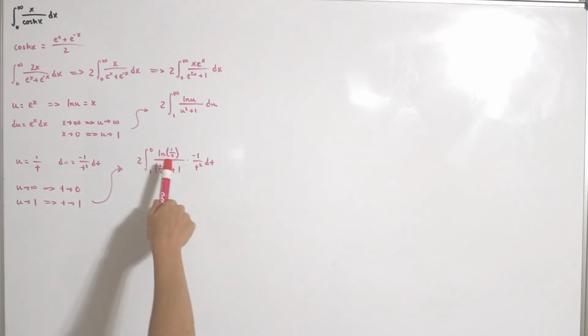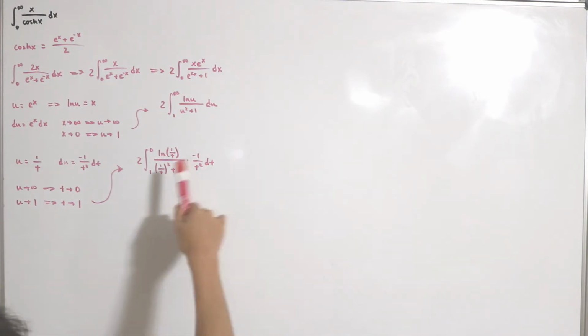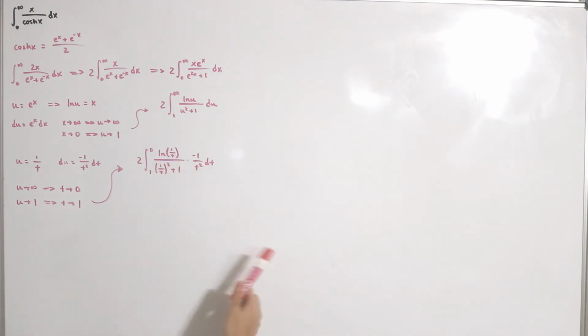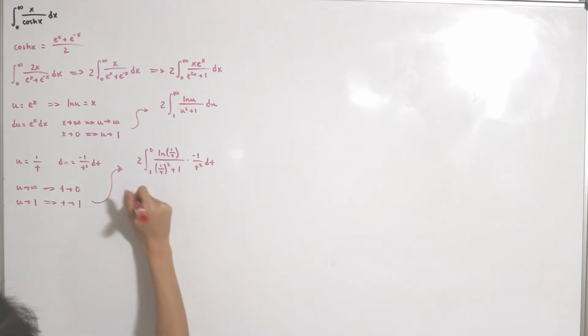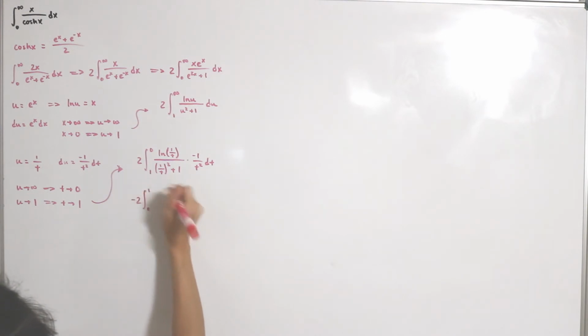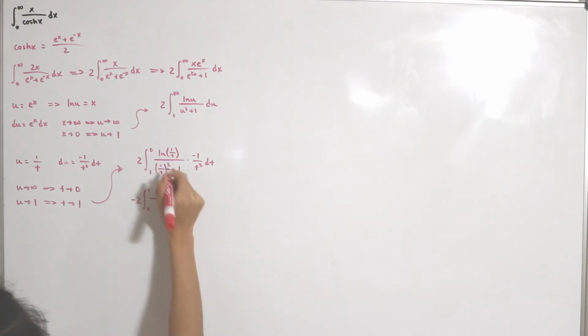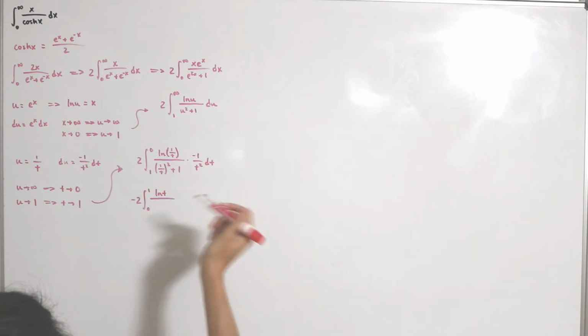But we also have that the natural log of 1 over t can be rewritten with base t, so ln of t raised to negative 1. When we use our natural log rules, we can move the negative 1 in front of the ln, and it's also treated as a constant, so you can move that outside the integral, and then that will be negative 2 times the integral from 0 to 1 of ln of t, and then 1 over t squared, squared.